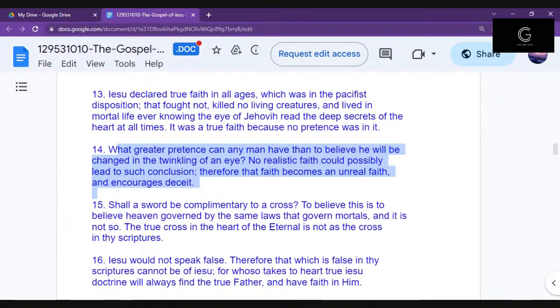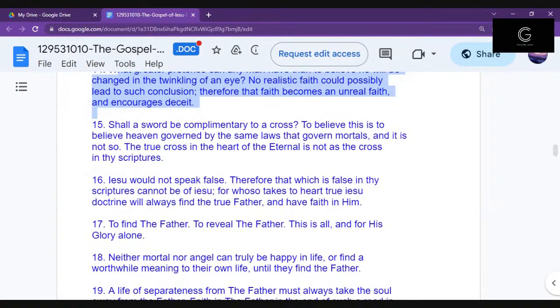No realistic faith could possibly lead to such conclusion. Therefore, that faith becomes an unreal faith and encourages deceit. Shall a sword be complementary to a cross? To believe this is to believe heaven governed by the same laws that govern mortals. And it is not so.